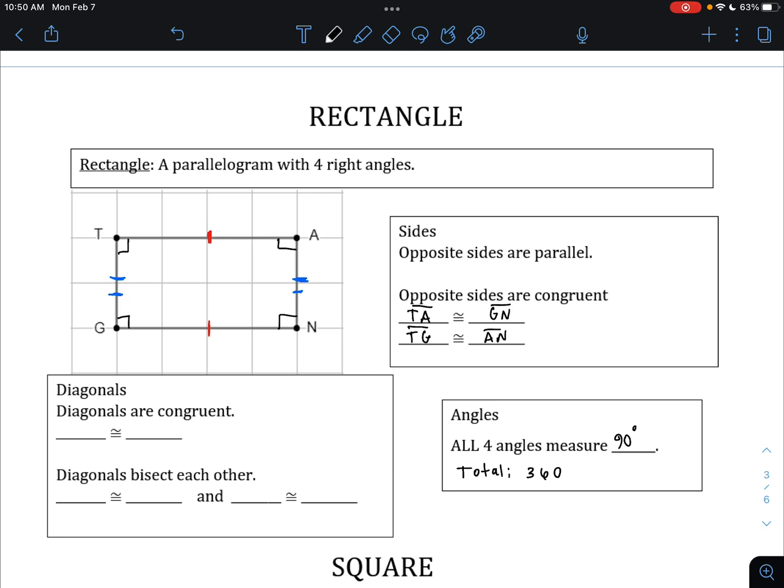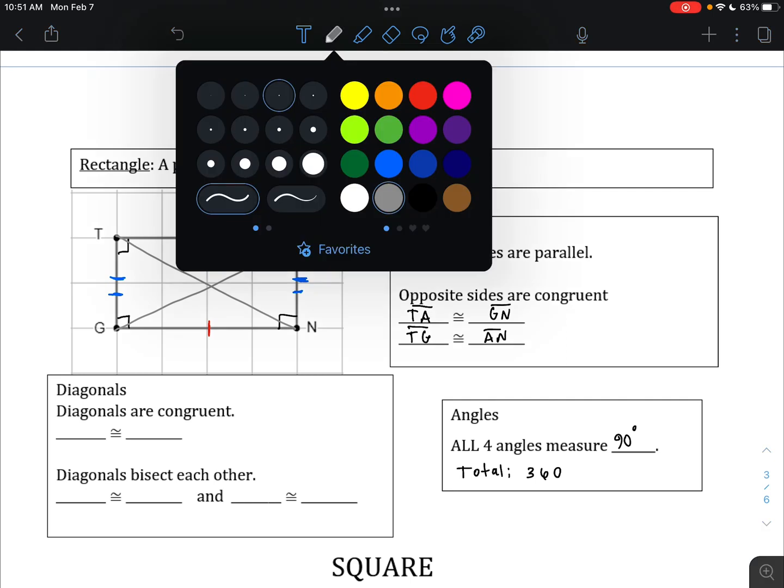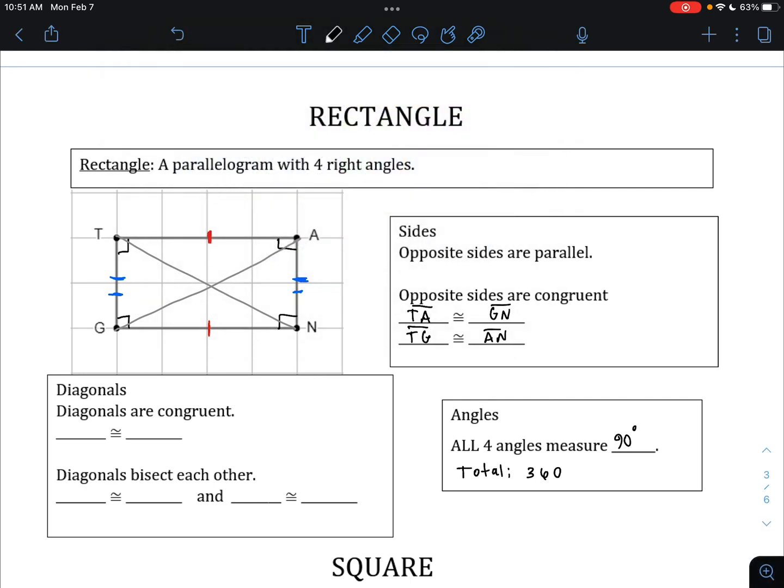Okay. Now with rectangles, we have some other special properties just based on the fact that they are rectangles. So we're going to go ahead and draw in our diagonals so we can talk about those. Let's draw a line from G to A and from T to N. And the first thing that I know about the diagonals of my rectangle is that the diagonals are congruent.